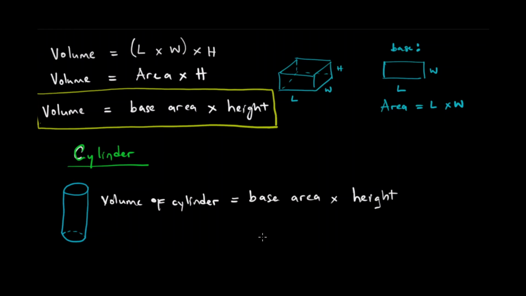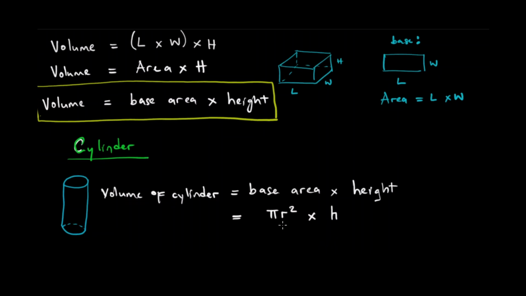Then we ask ourselves a question: what is the base of a cylinder? We explained earlier that the base of a cylinder is a circle. So where we wrote base area, we are just going to insert the area of a circle, which we explained to be pi r squared, times height, which we just write as h. This means the volume of a cylinder is equal to pi r squared h.